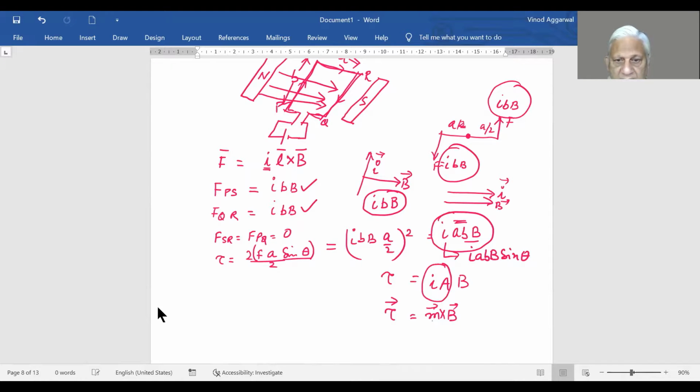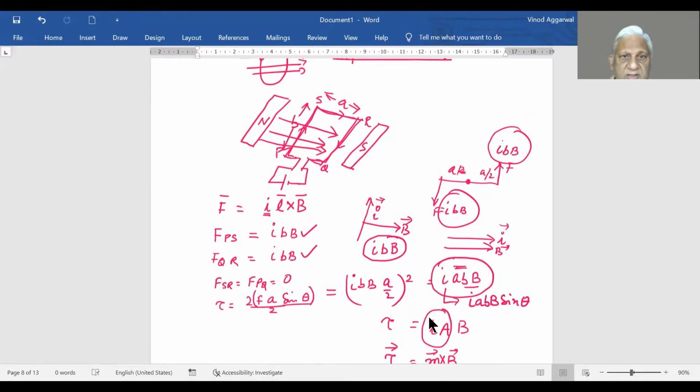The direction of M is the same as the direction of A, the area vector. And what is the direction of the area vector?